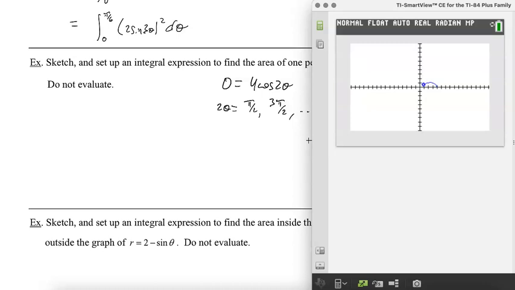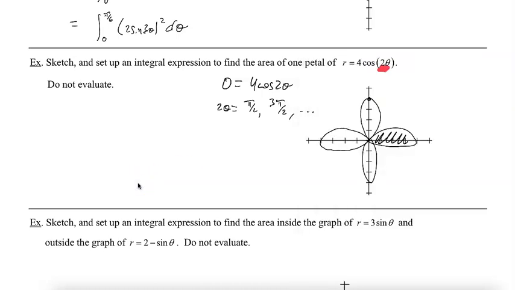notice it started at 4. That is because if I put in cosine of 0, cosine of 0 is 1, so this starts at a radius of 4. So I'm starting out there and I'm working back in. So this petal that's going from, when I solve this, pi over 4 to 3 pi over 4 is actually the petal below the y-axis right here. Starts out here and goes down here, and then it comes back around.